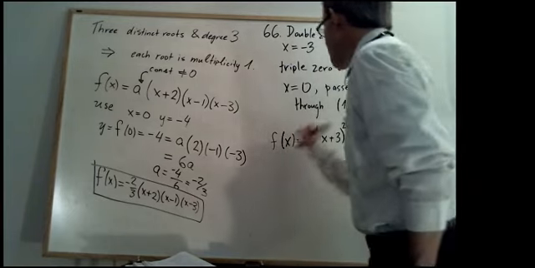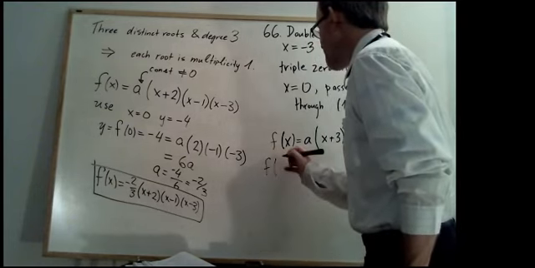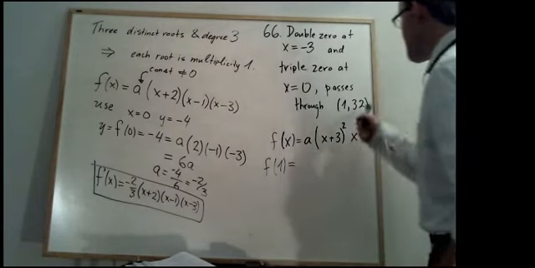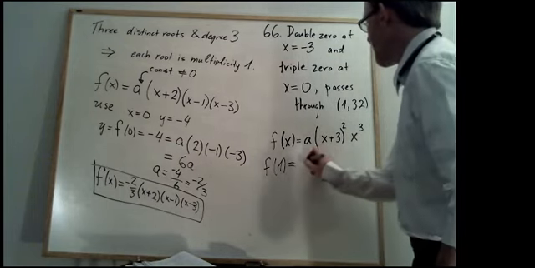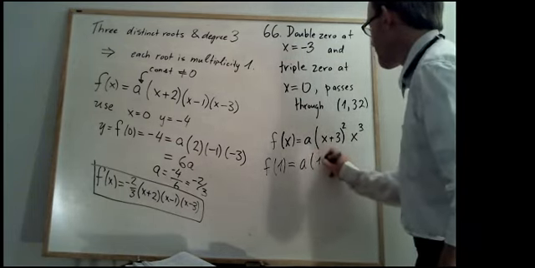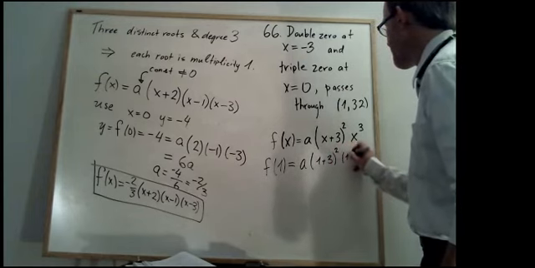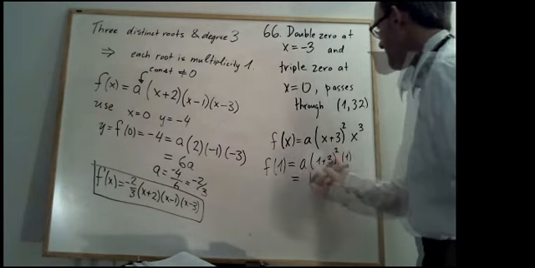All right, so use the last bit of information like I did before. When you plug in x equals 1, what do you get? Should get 32. In this expression, plugging in the value 1 wherever I see an x, this becomes 4 squared, which is 16.